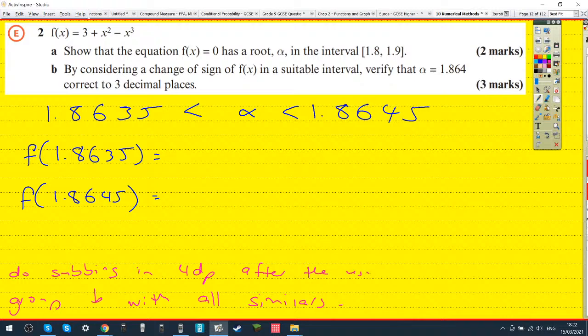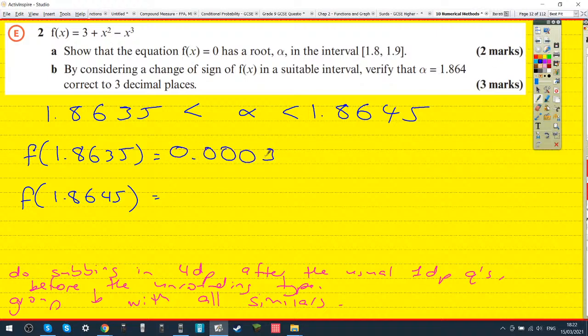So my first value I got for 1.8635 is 0.001382. So that's greater than 0? Yes, slightly greater than 0.